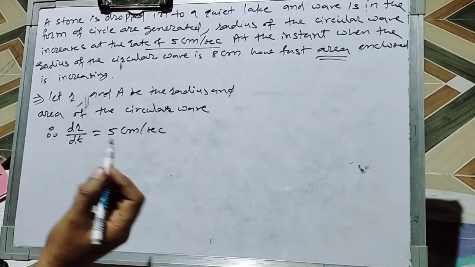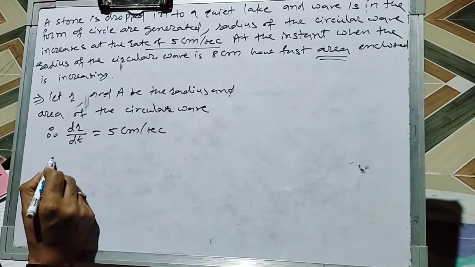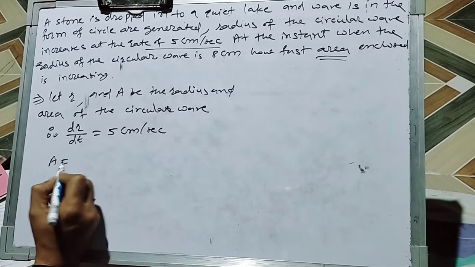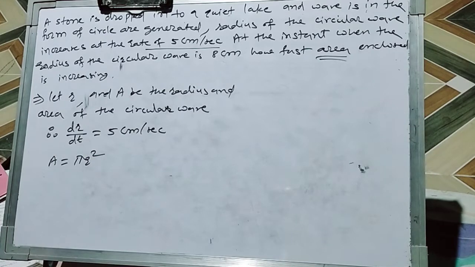And we have to find how fast the area enclosed is increasing whenever the radius is 8 centimeter. Now we know the formula for the area of a circle is pi r square.